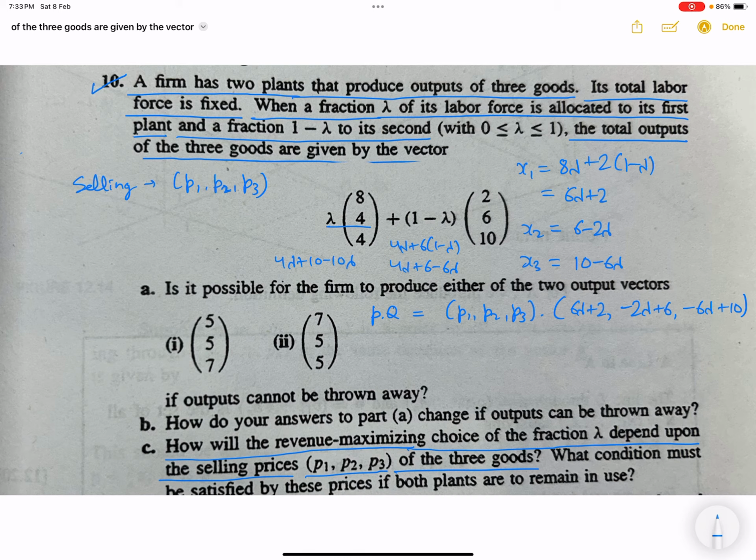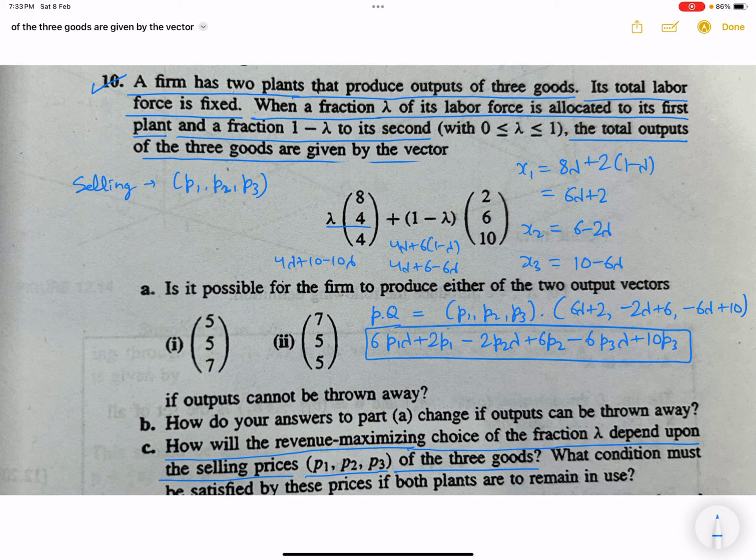The dot product would give us 6 P1 lambda plus 2 P1 minus 2 P2 lambda plus 6 P2 minus 6 P3 lambda plus 10 P3. So this is the total revenue, which is expressed in the form of prices and lambda.